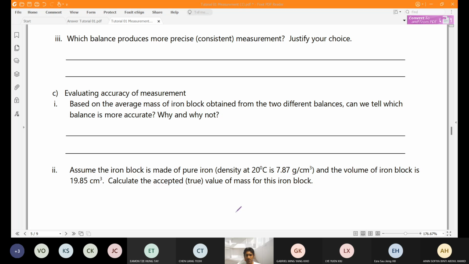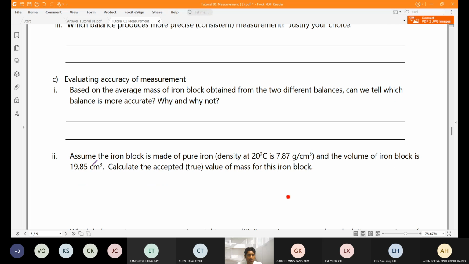Generally, electronic balance gives better, more precise, more accurate results. But since we do not know the actual mass of the iron bar, we cannot vouch for it. We have to be open-minded. We know that electronic balance is good, but in this case we do not know which one is giving the correct answer.